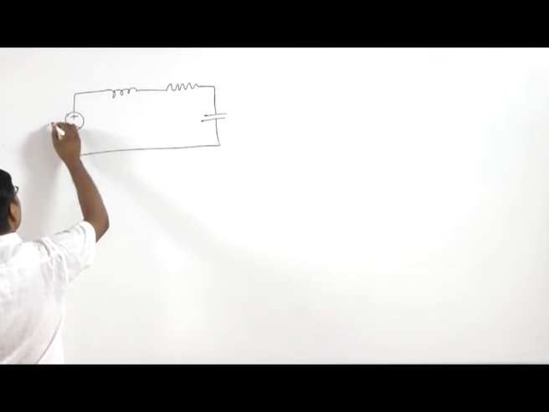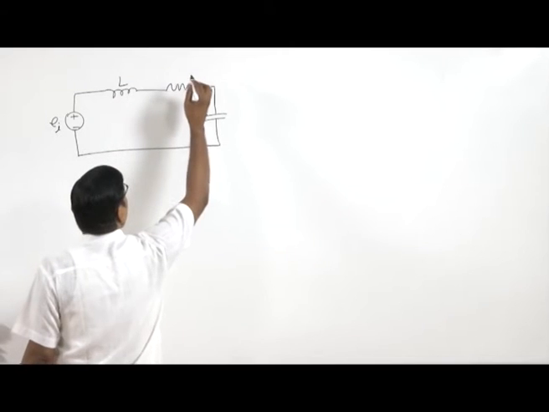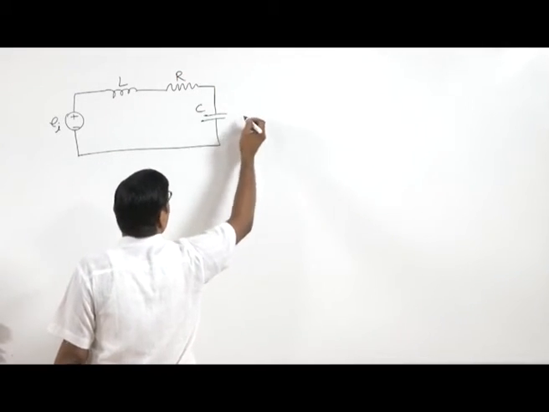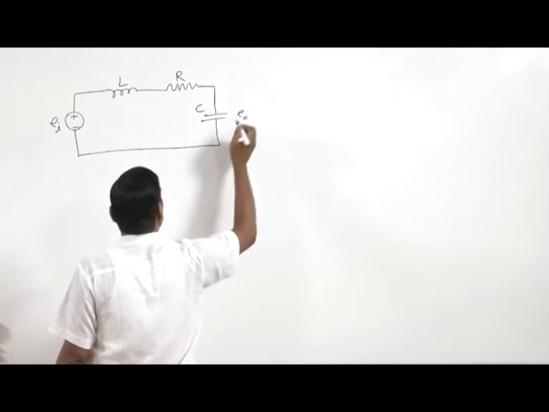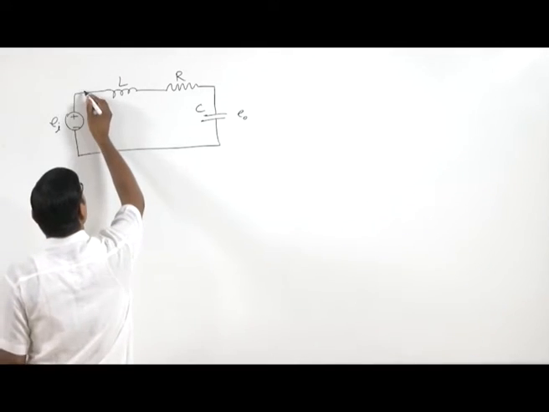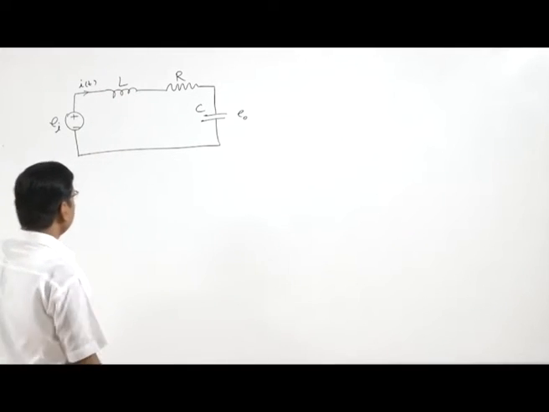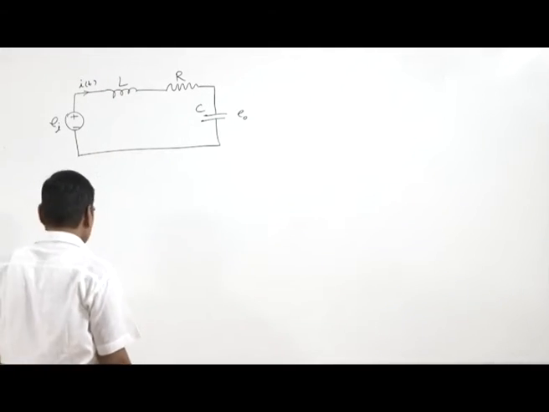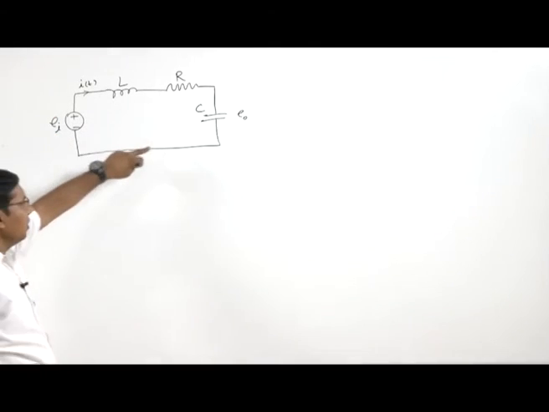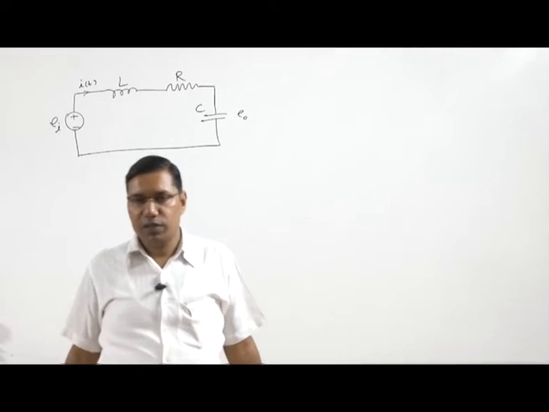So, here we have this circuit. This is the inductor, this is the resistance and this is the capacitor, and here we are measuring the output voltage, and there is a current i(t). Here is the input voltage, and this is the output voltage we are measuring around the capacitor.